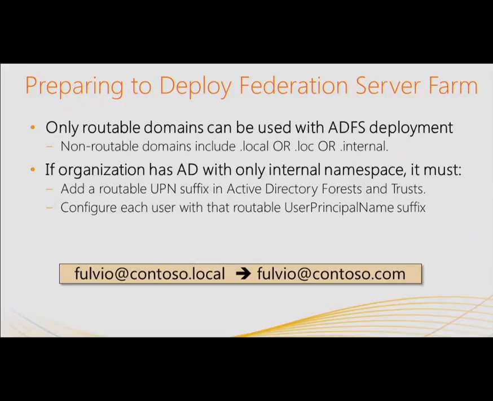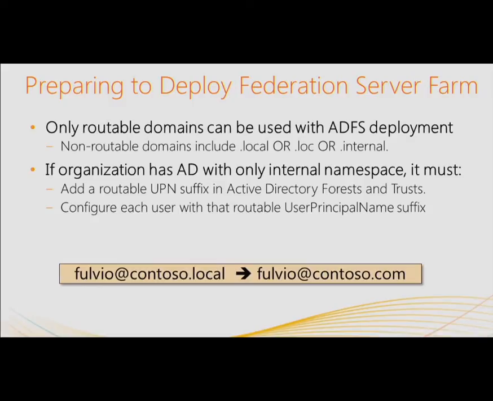Let's continue with preparing the Federation server farm, as we said and as we already did in the module before. We need to have a routable domain inside our Active Directory infrastructure to enable our ADFS infrastructure to work with Office 365.